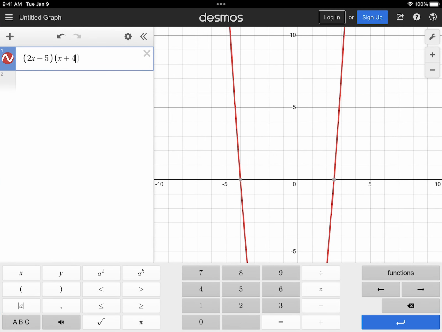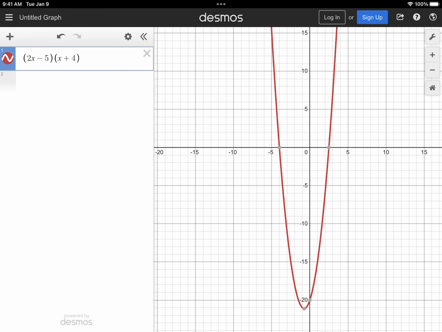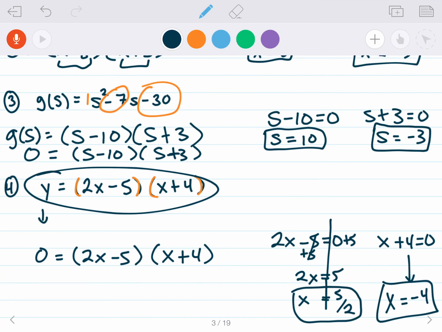Okay, so there's our parabola, and if we click on the zeros there, we can see that indeed we do get zeros at -4 and 5/2, which is the same thing as 2.5. So that's how you can check yourself when you're doing your homework.